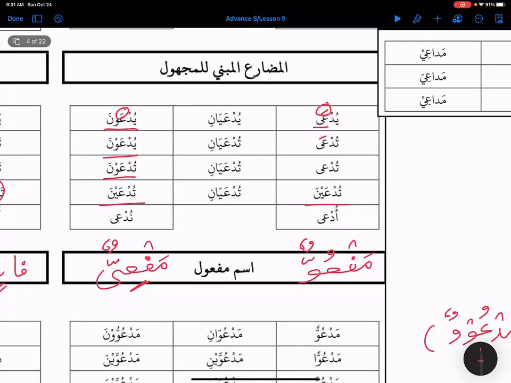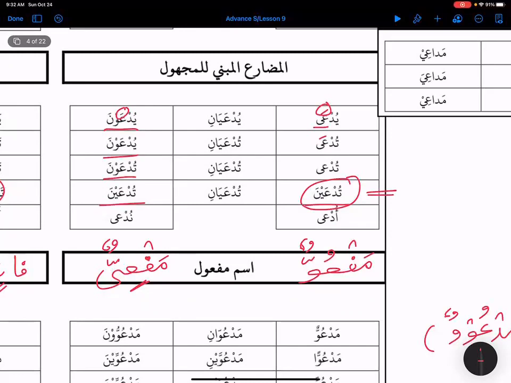Tudayani, tuda'una, tuda'na. Now there is a problem, right? We are not used to an ain sound with a fatha like in anti, but that is going to happen in majhul. Okay, so it will take a fatha sound. Tuda'na. Why is it happening that way, sister?